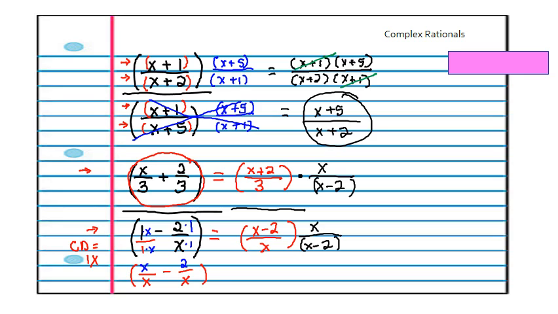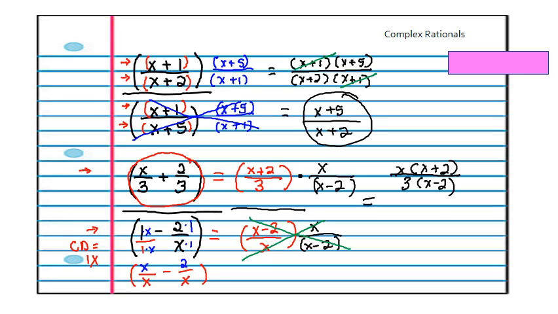Let me get a little proper here. This, of course, cancels out. That's the whole gig. And up top, we end up with an x and an x plus 2 over a 3 and an x minus 2.